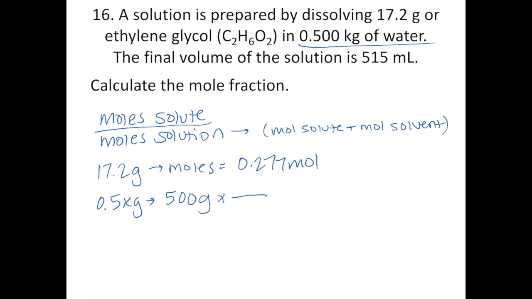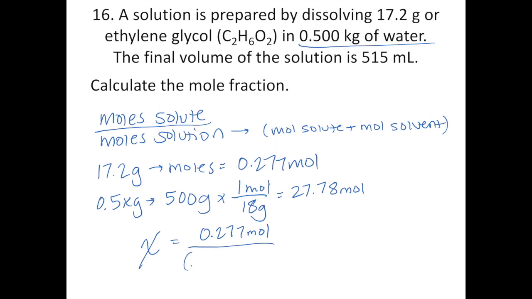I need to find moles. The molar mass of water is 18 grams per mole. So the moles of my water is huge compared to my solute, but that's all right. Okay, now I can find my mole fraction. Moles of solute.